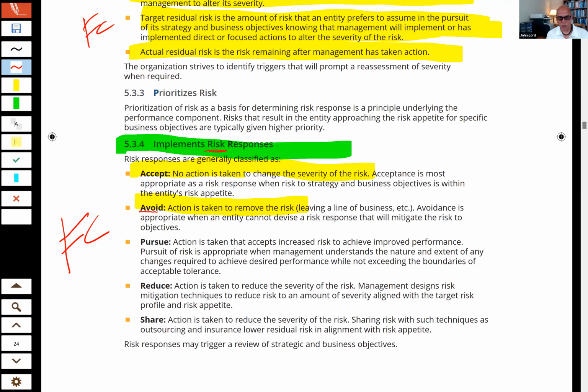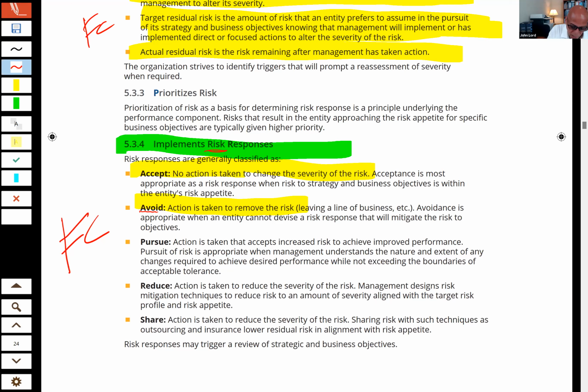So when you start managing risk, you're assuming the bad thing is going to happen, unless, of course, you avoid it. If you avoid it, then you just won't drive the car. If you accept the risk and you take no action, then I guess you won't wear a seatbelt. You'll drive cars that have no airbags in them. So you'll just accept the risk.